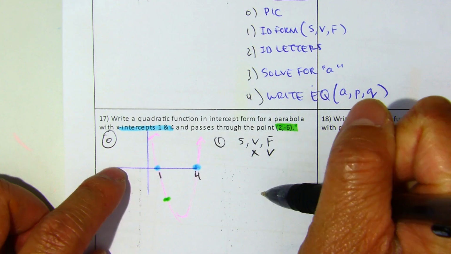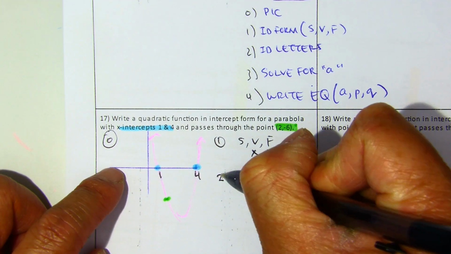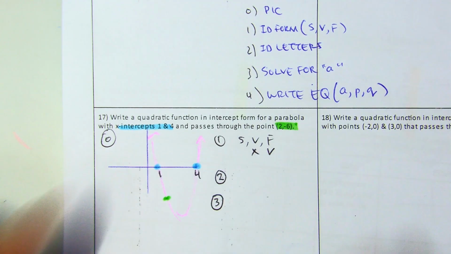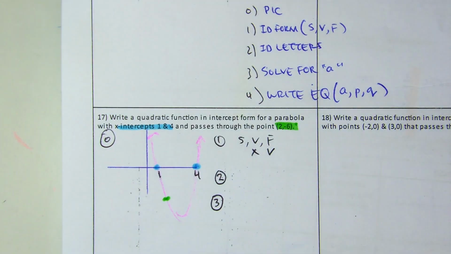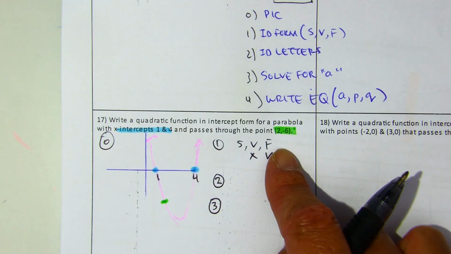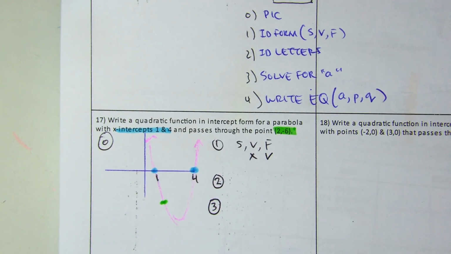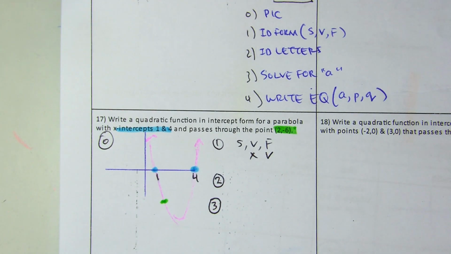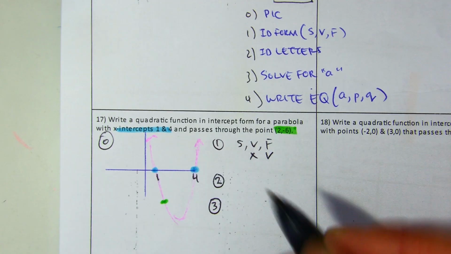Step number 2, before I get the letters, you need to pull out your foldable and tell us what is factored form. Does anyone have theirs out? Sophia has hers out? You are so fast. Can you put your finger on factored form and then can you read it to us?